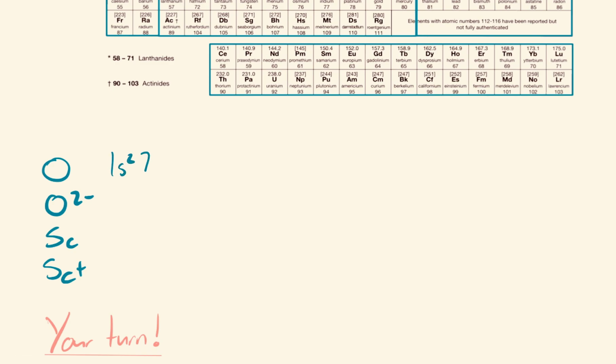So 1s2, 2s2, 2p4. If I'm doing electrons in boxes for that, it will look something like this. It will look exactly like this.